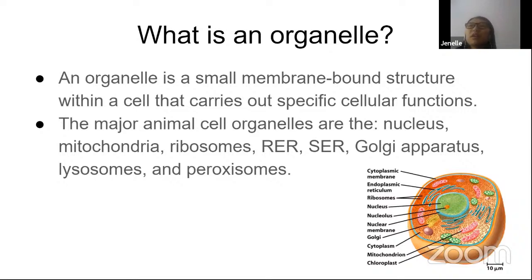I made a bit of a typo here because the ribosomes we will be going over in relation to the rough endoplasmic reticulum, but please remember that the ribosomes themselves are not considered another organelle, because they're not bound by a membrane. And as you can see in the lower right-hand corner, there is also a diagram giving an overview of all of the different organelles in relation to each other within an animal cell.